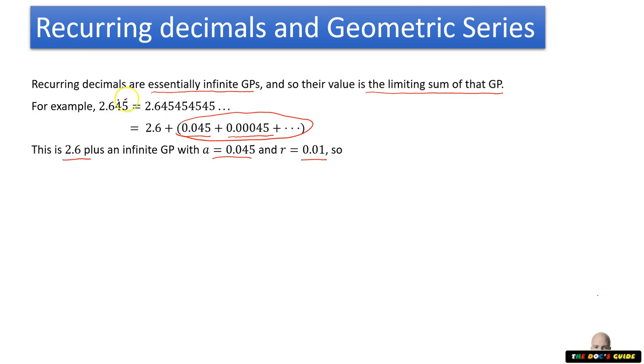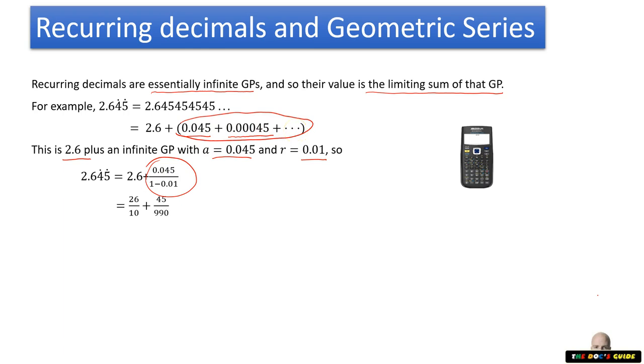If there were three figures between the two dots, R would be dividing by 1000, so it would be 0.001 and so on. So once we realise that fact, then we simply use the limiting sum formula just there to work out what our sum to infinity is for the recurring part.